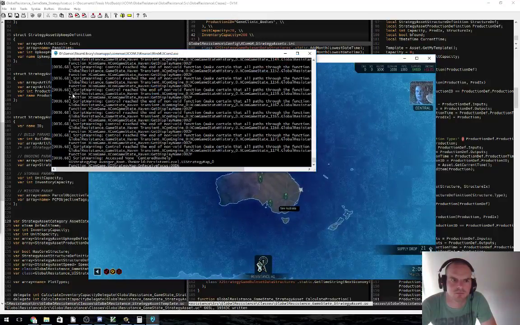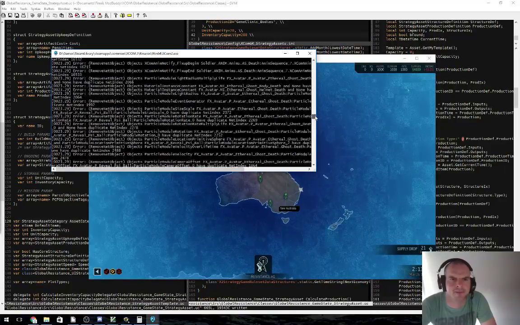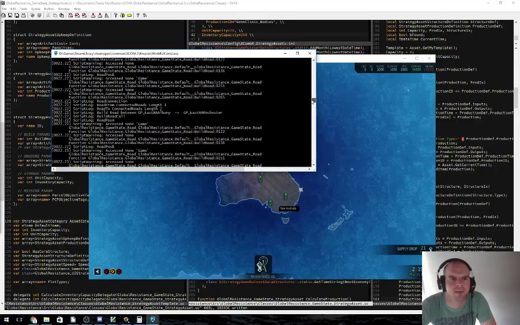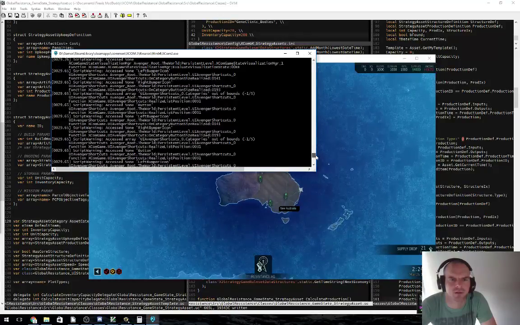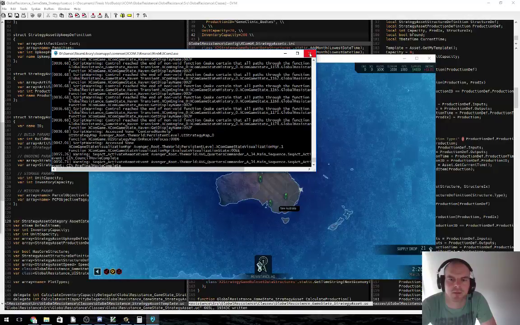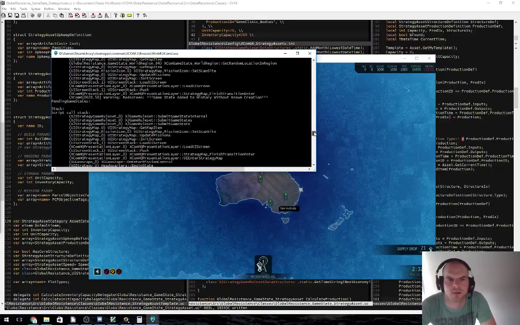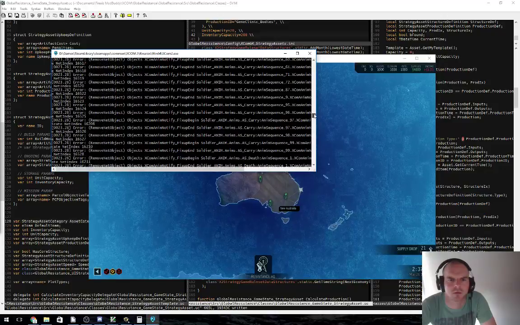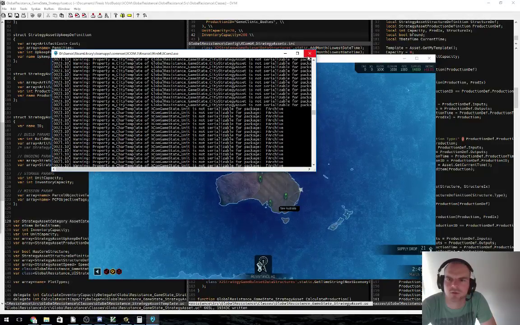Alright, we got some life here. Still road connections there and stuff like that, so that's not really going to work for us. This didn't add any structures, so those won't give us stuff either.